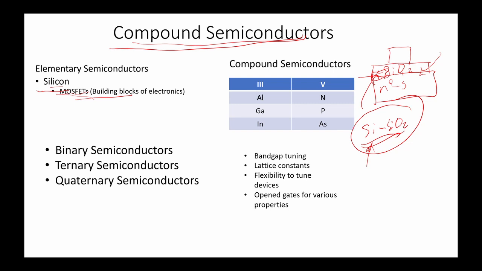For optical applications where we need light generation, we cannot use silicon, because silicon cannot emit light because of the indirect band gap. So for that we go towards compound semiconductors, which are made up of more than one element from the periodic table.